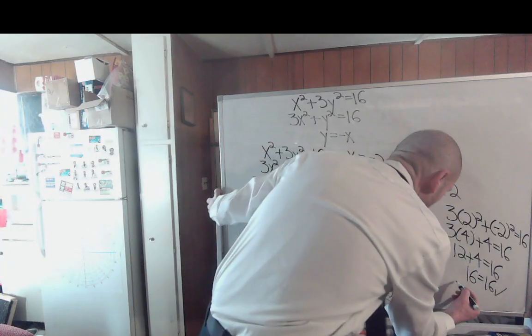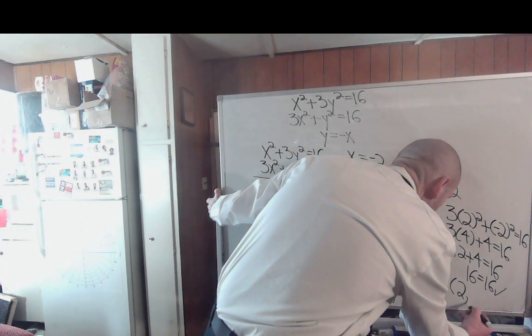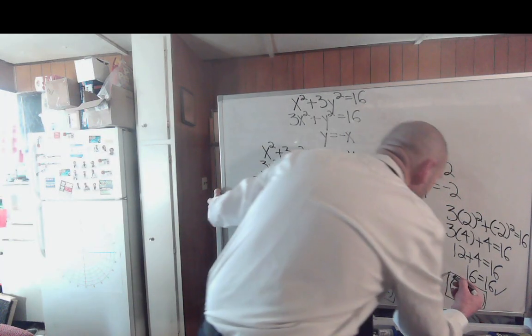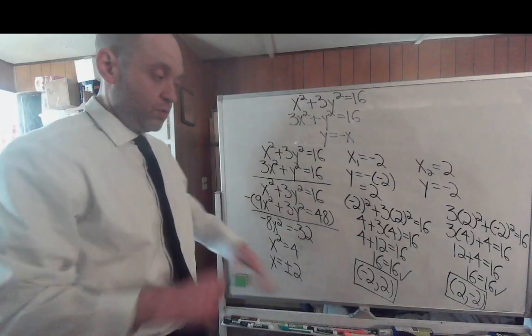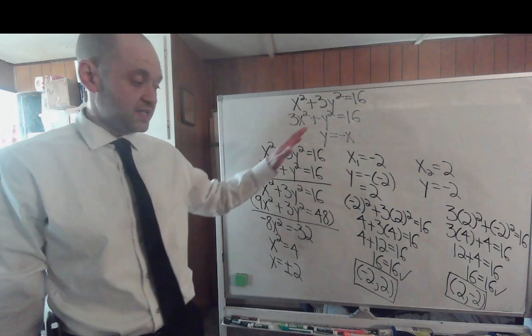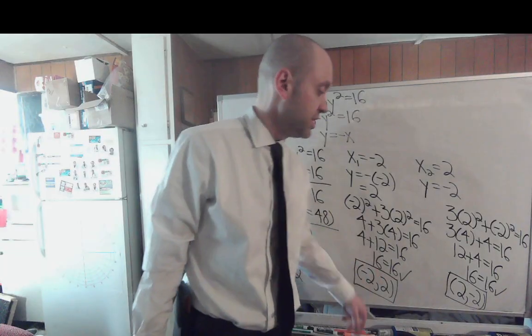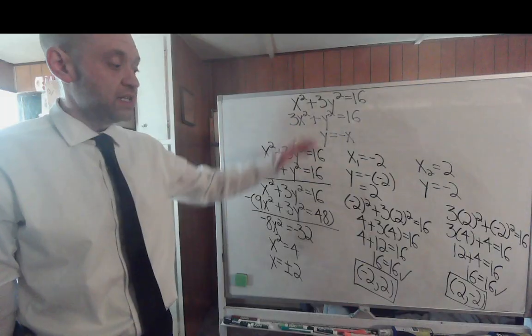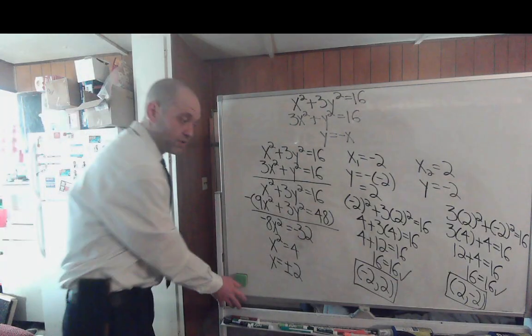So that means your ordered pair 2, negative 2 also works. So the two ordered pairs that are the solution to this system are negative 2, 2, and then positive 2, negative 2. That's where these two ellipses and the line would all intersect, at both of those 2 points.